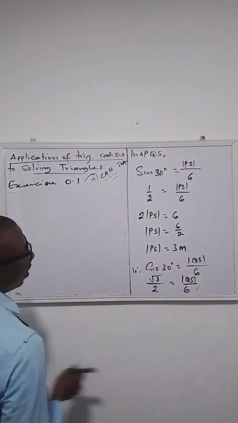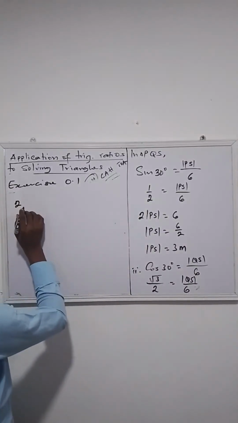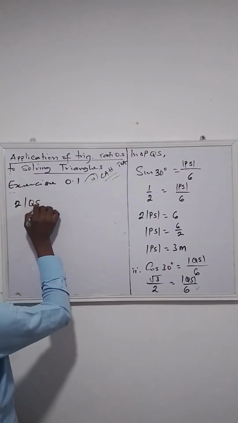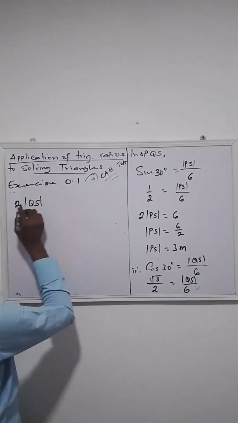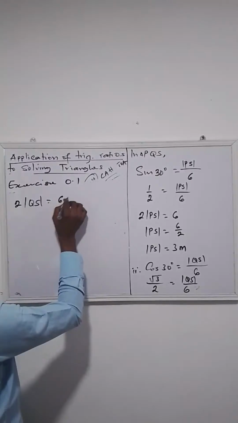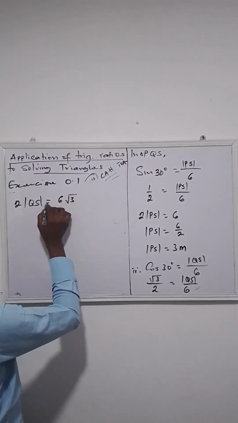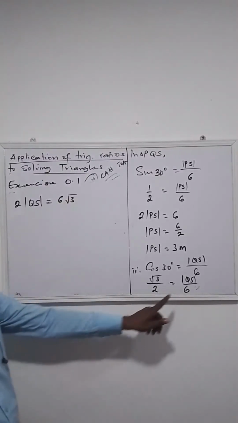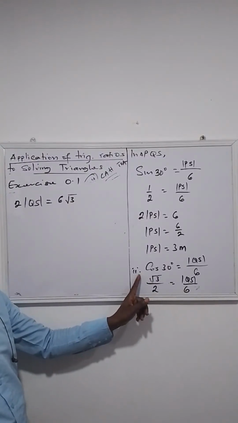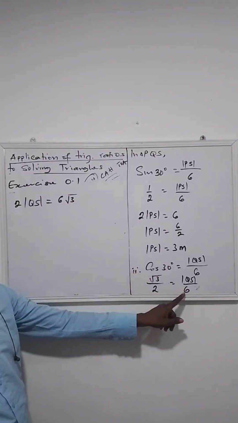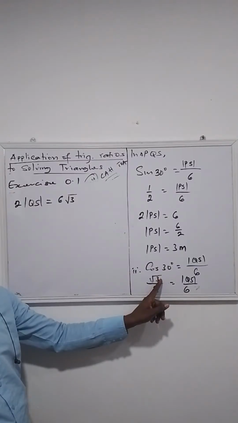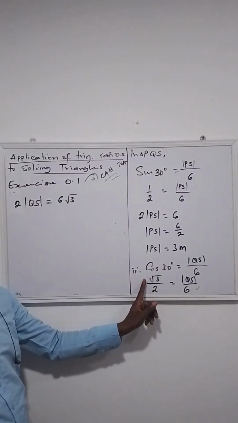You have 2QS equals 6 square root of 3. Okay, so this 6 will multiply square root of 3. Please don't use this 6 to multiply 3 directly. So this 6 will come outside.